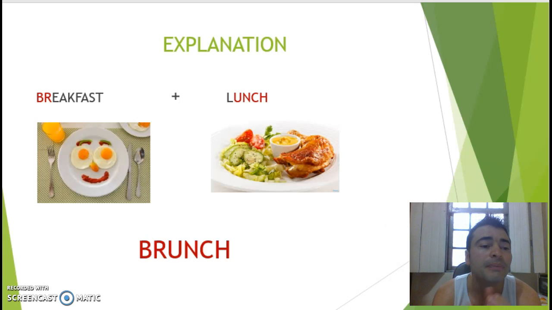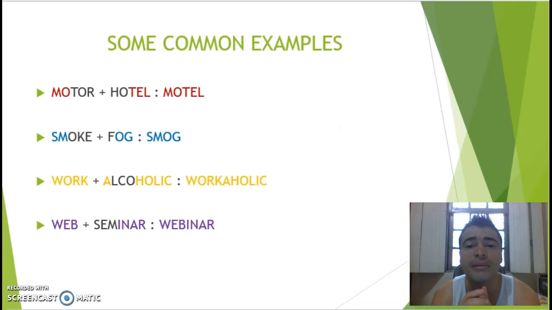Very simple, right? Okay, let's go to our next slide. It will show you some common examples of this technique. Okay, we have two words, motor and hotel. We have mo and tel from hotel. And what is the result? Motel. All right. So we have other words here, smoke plus fog.